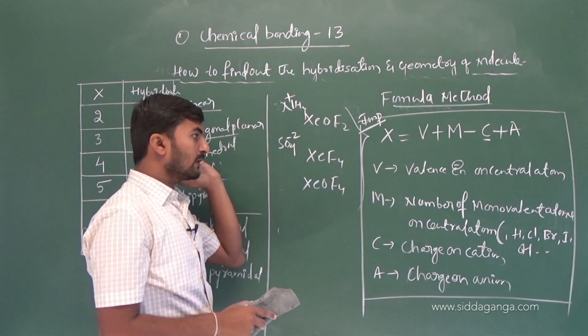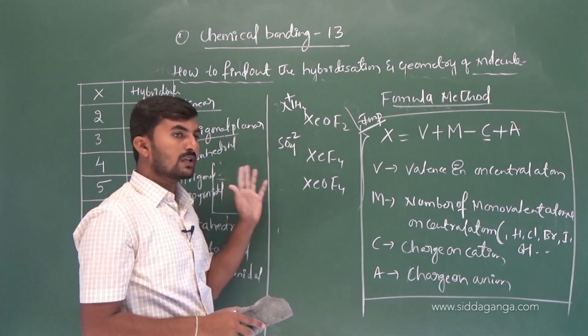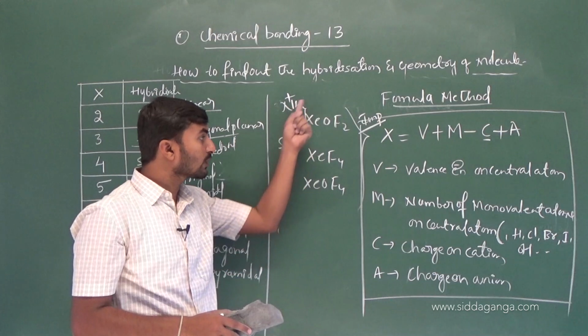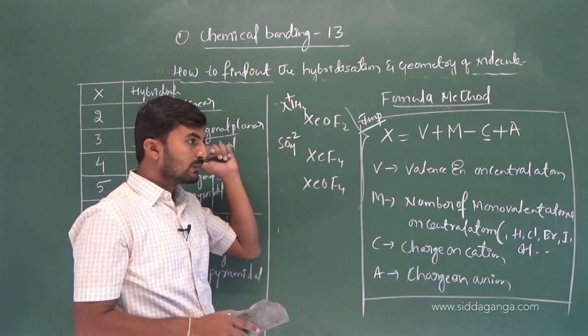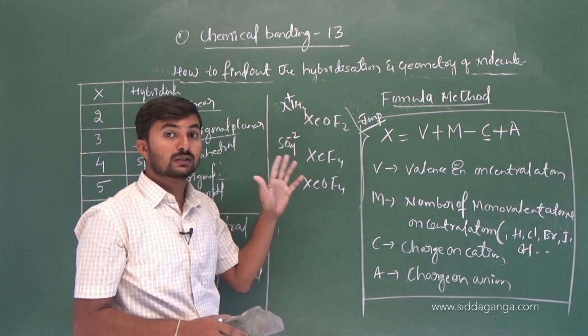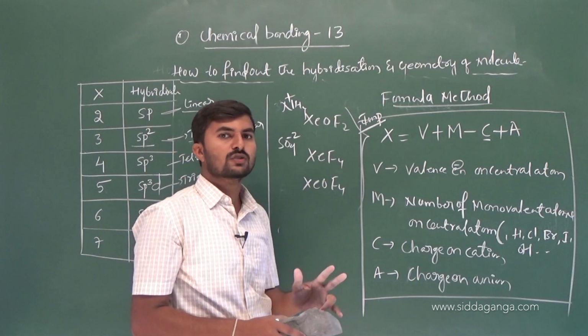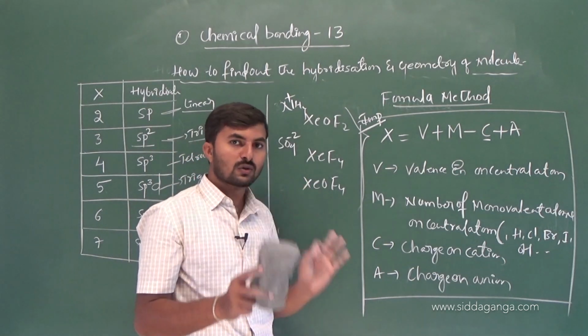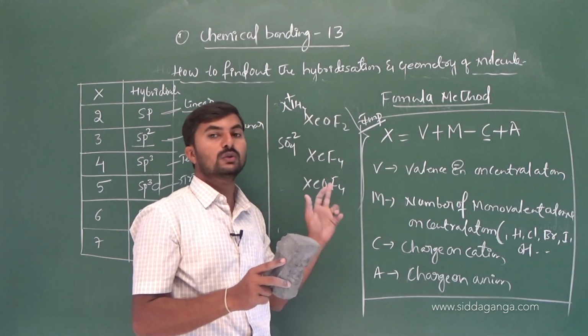And what about the previous one? There also we can predict the hybridization and the geometry of the molecule, but only after knowing the structure of the molecule. In the last procedure too we could identify them, but to continue with it, we need to know the structure of the molecule.